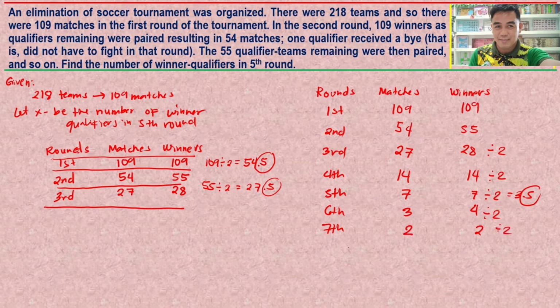And lastly, on the 8th round, we are able to determine who will be the champion among the 218 teams. And that is 1 pair. Therefore, expectedly, there will be 1 winner. So, in this problem, we are asked to find the number of winner qualifiers in the 5th round.